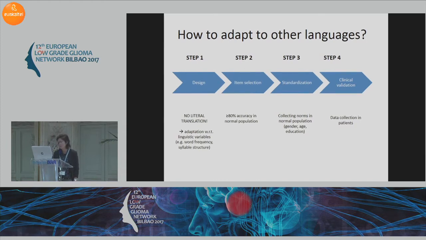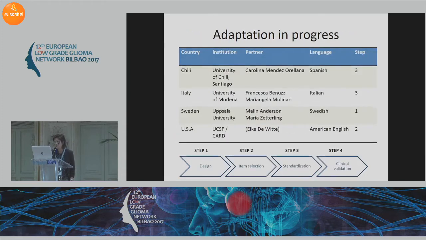So it's quite a long process, and we are willing to be part of that and to help also look at those linguistic variables and help to think with you to design these tasks in your language. So we already have some international partners, and there is adaptation in progress.